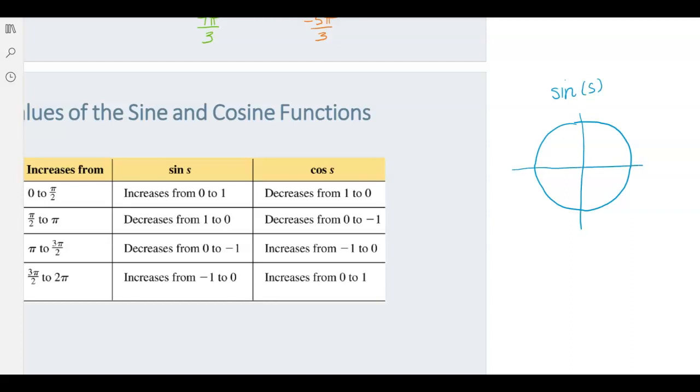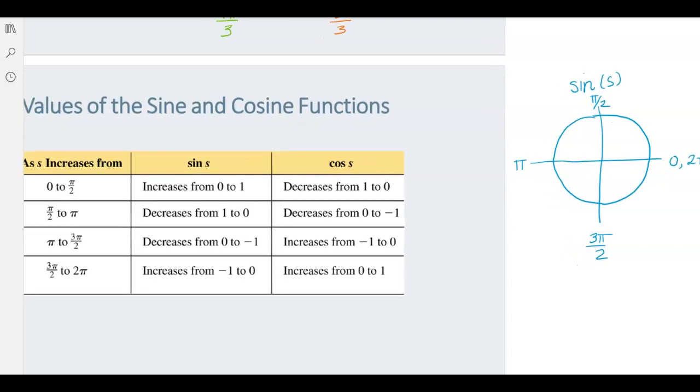And this will be 0. This is pi over 2. This is pi. And this is 3 pi over 2. And then we'll come back around to 2 pi. All right. This first part here is saying that as I go from 0 to pi over 2, the sine is going to increase from 0 to 1.